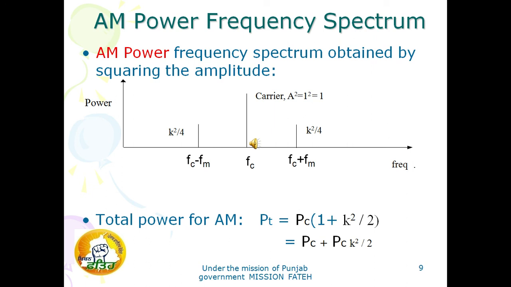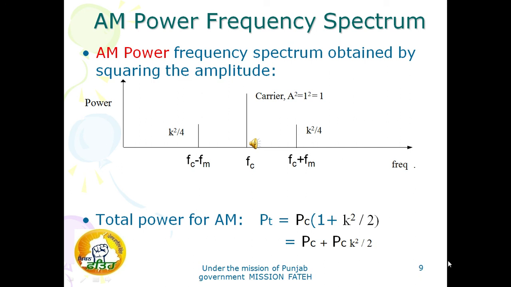But the power of the single sideband is Pc K square upon 4, that is divided by 2. And we also say that the power of the lower sideband is Pc K square upon 4 and the power of the upper sideband is Pc K square upon 4. Then we also say that the power of both the sidebands is the same.